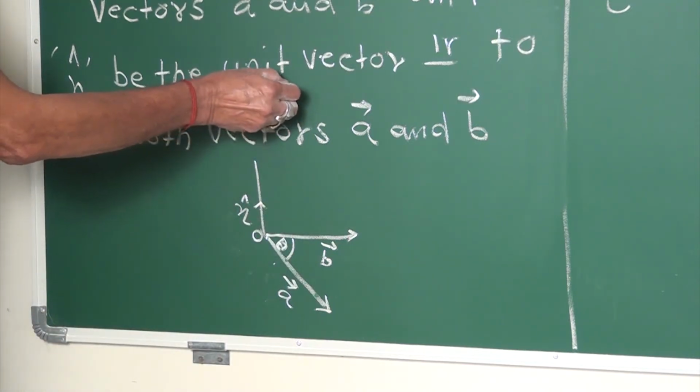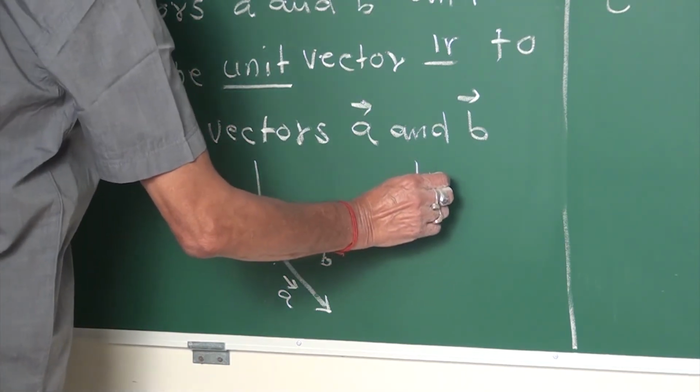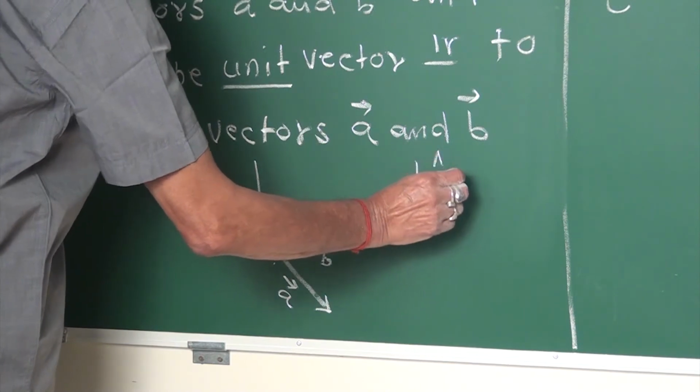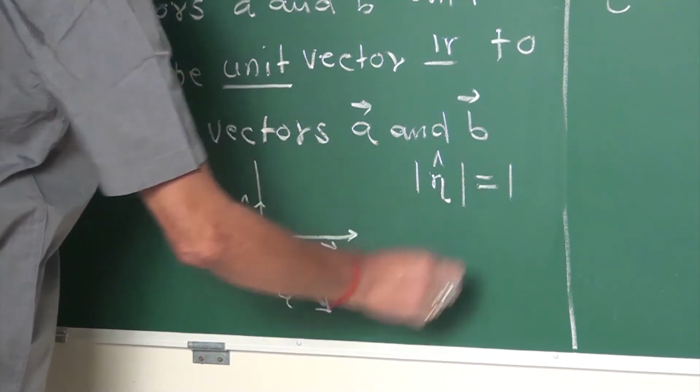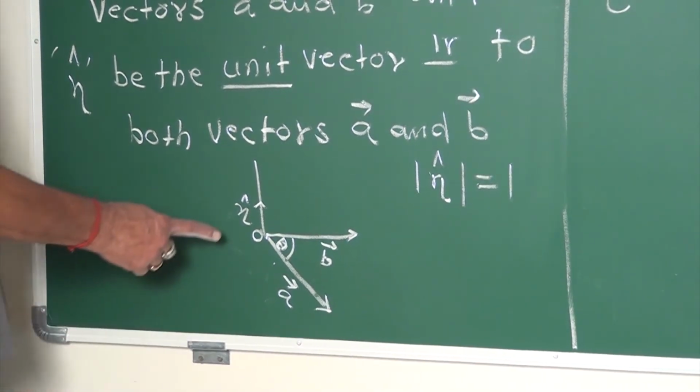Eta cap is a unit vector, means what? Magnitude of eta cap. It is a unit vector. Magnitude of eta cap is 1. Then, what about its direction?